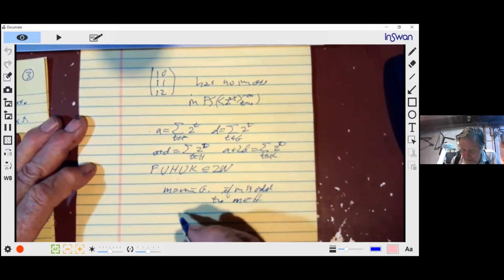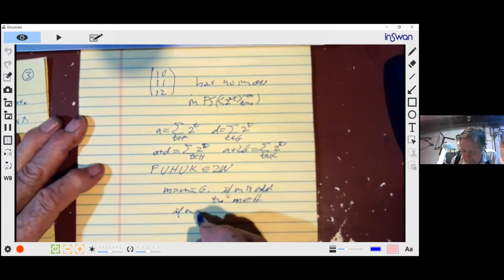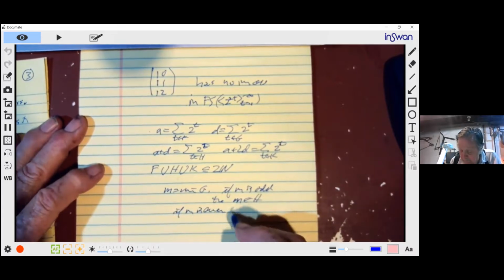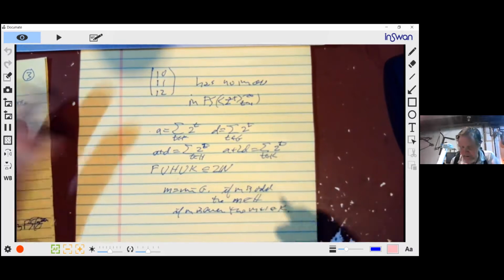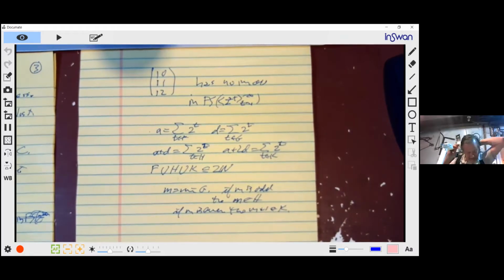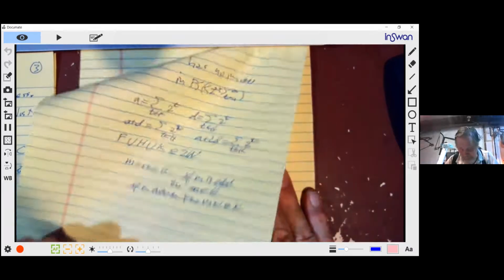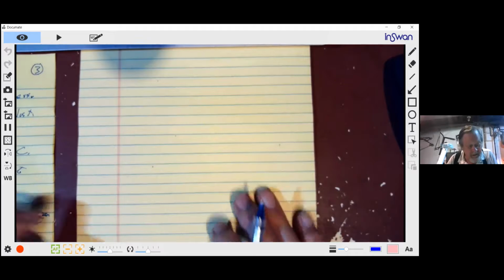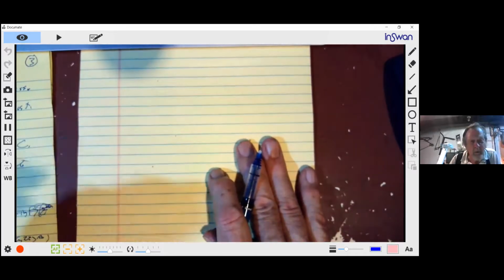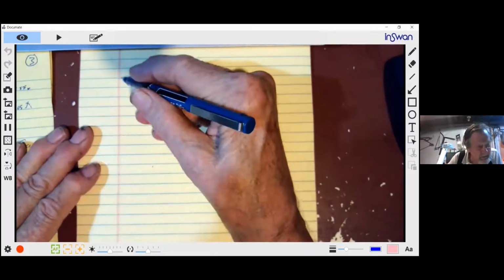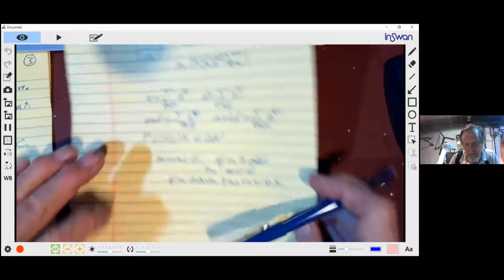So M must be even. But if M is even, then M plus 1 is in K, and that shows that in fact, it does not have any solutions in there.